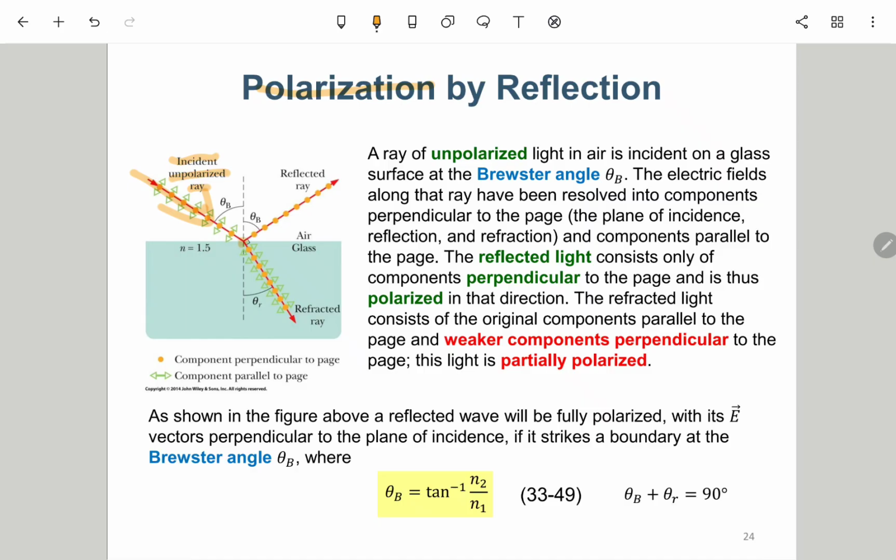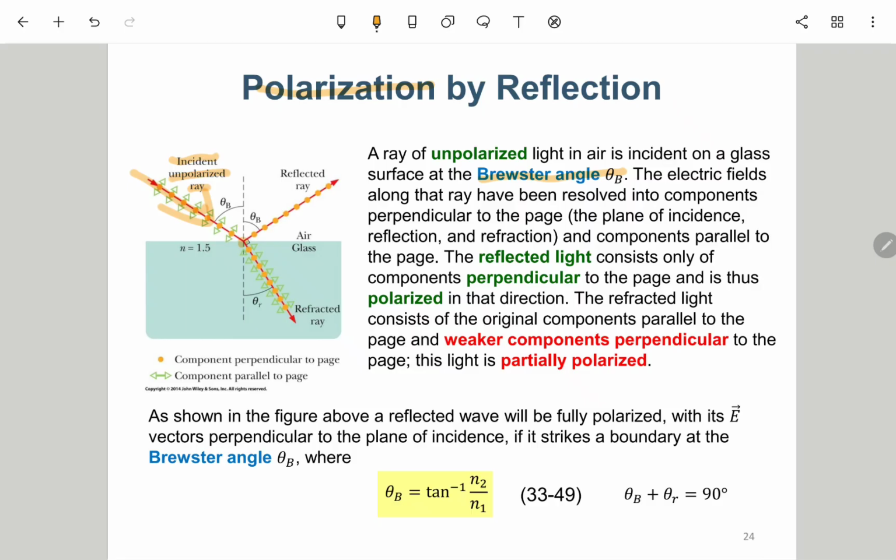This is the boundary, so the top part is air, the bottom part is glass. It can be other material, just an example. So here it says a ray of unpolarized light in air is incident on a glass surface at the Brewster angle. We call this the Brewster angle, theta b.